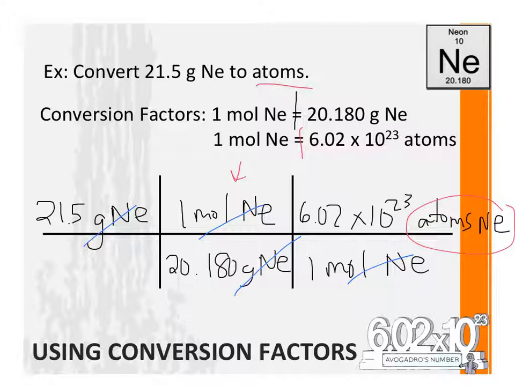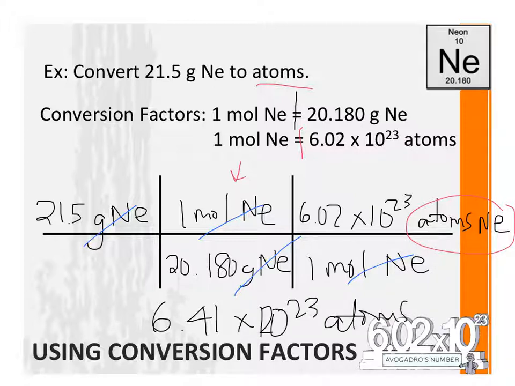So if we plug this into our calculator, we would plug it in as 21.5 times 1 times Avogadro's number divided by 20.180 divided by 1. Which, rounded to sig figs, gives us an answer of 6.41 times 10 to the 23rd atoms of neon.